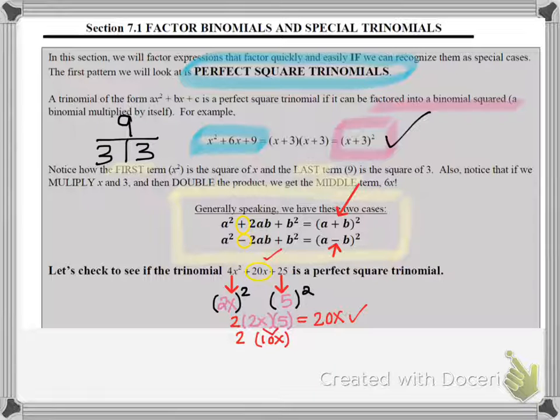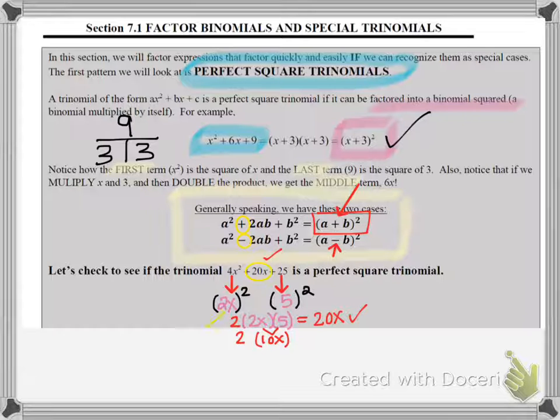Now I go up and look at the formula and decide which of these formulas I'm going to use. I'm going to use the a plus b squared because my middle term is a plus, since I have 4x squared plus 20x plus 25. Now, what are a and b? We've got to figure that out.